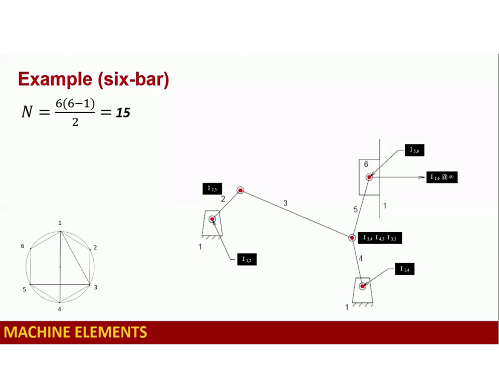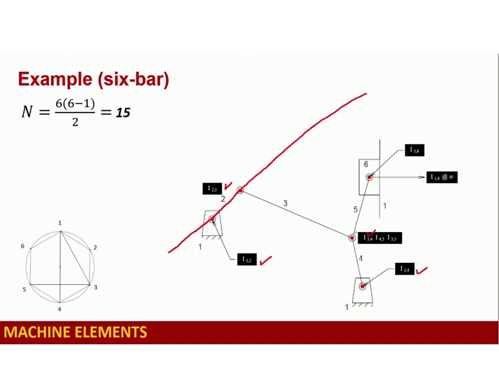As you can see here, we have 1, 2 and 2, 3. So this is the line joining these 2 instantaneous centers. And then for 1, 4, 4, 3. So we have 1, 4 here, and then 4, 3 here.